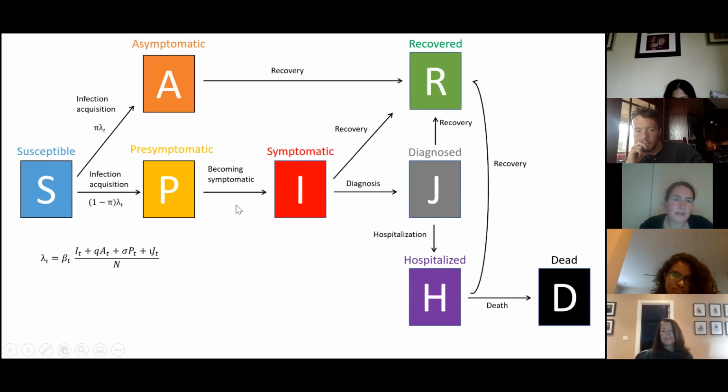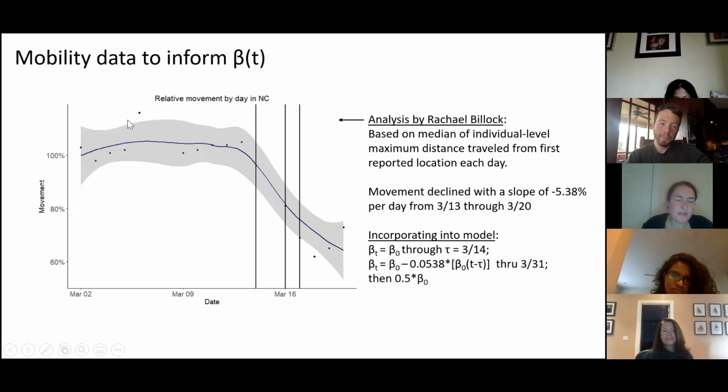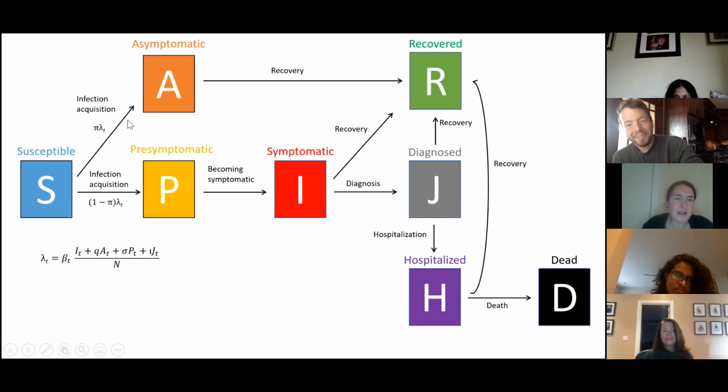I mentioned that people, when they become infected at rate lambda here, a fraction of them, pi, are asymptomatic, and 1 minus pi are pre-symptomatic and become symptomatic. So that's what that pi parameter is.